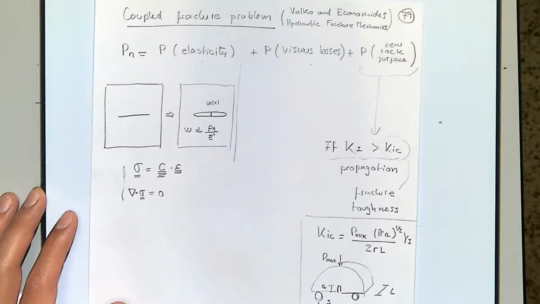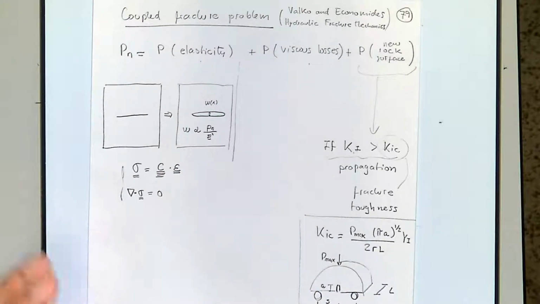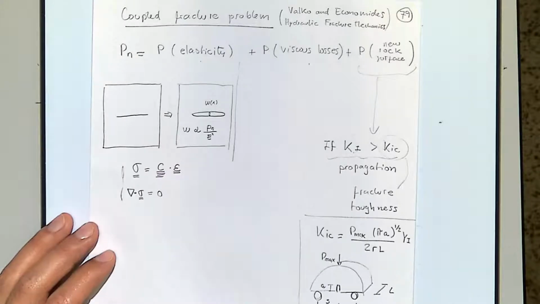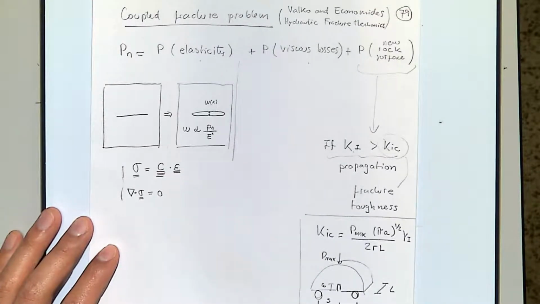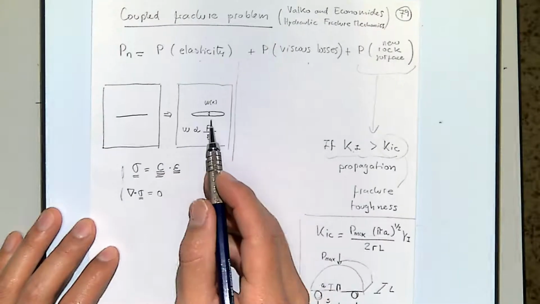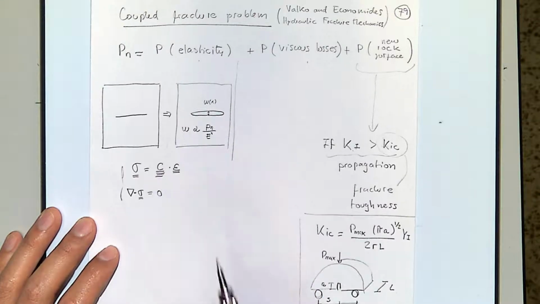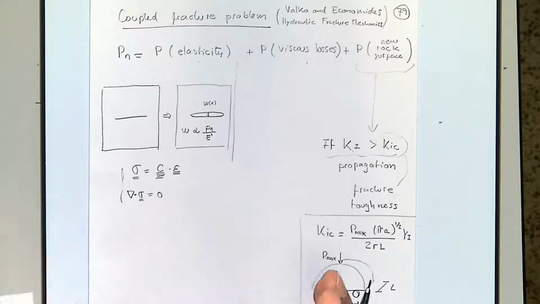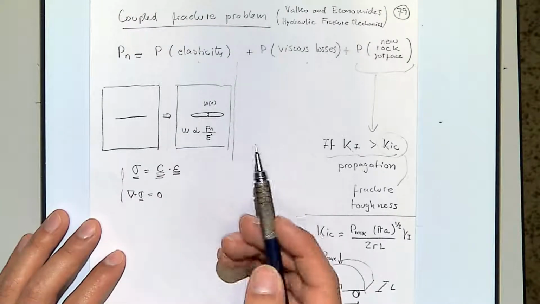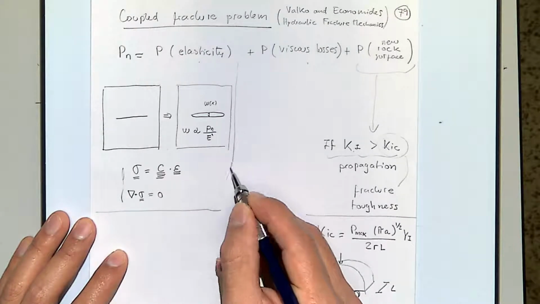You're going to solve this with FreeFEM too, right? For this simple case. But for any arbitrary shape or arbitrary pressure variation, you could solve this. This is just linear elasticity, and you know how to do it. The main concept here is that the higher the pressure, the bigger the width is going to be. And if you need a big width, then the pressure has to be higher, right? So that's one part of the problem.